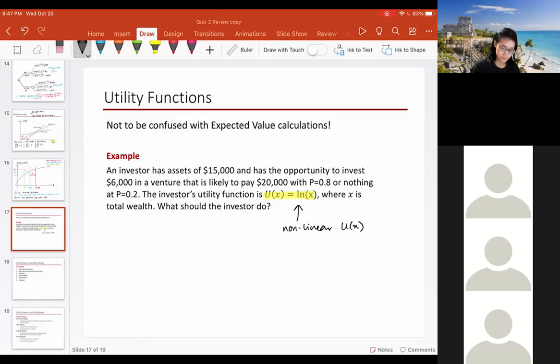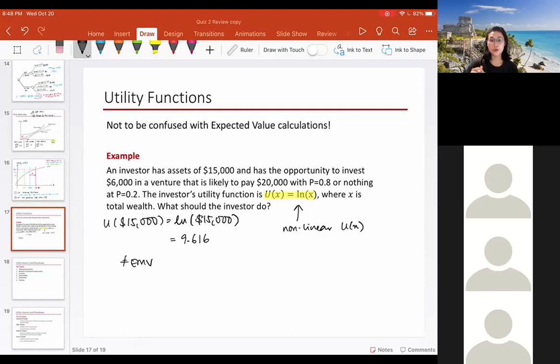So for this particular investor, the utility of 15,000 is not the same as the EMV.